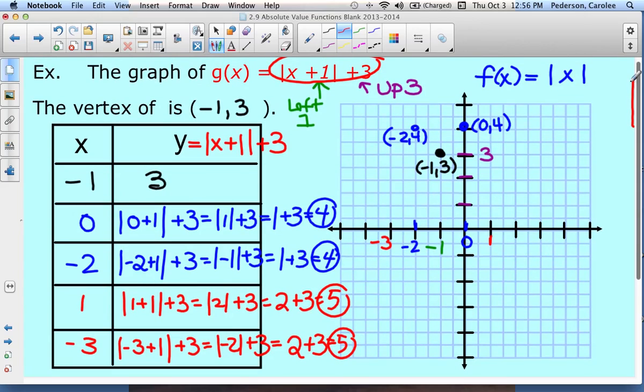Our first ordered pair we found in the red is over 1, up 5, and then left 3, up 5. And now let's create our connecting points. So it goes off in the shape of a V.